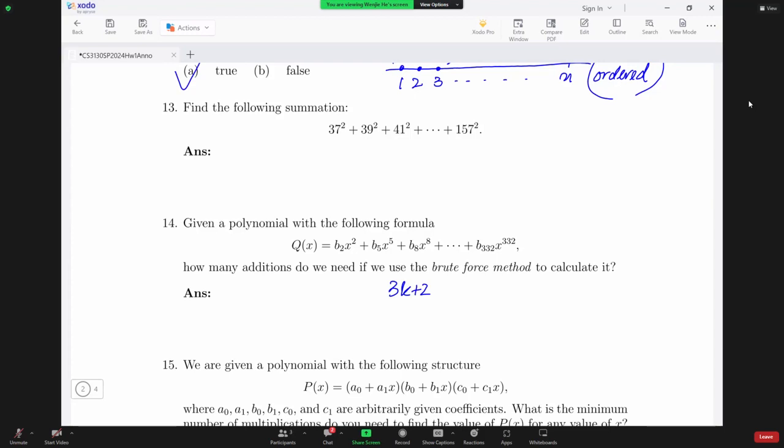Then you need to know what the values for those k are. The first value, k equals 0. The second one, k equals 1. The last one, k equals 110.